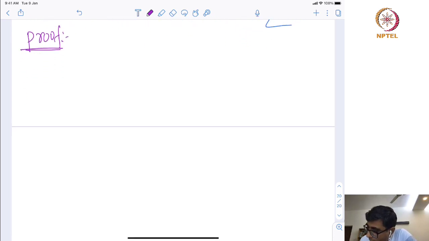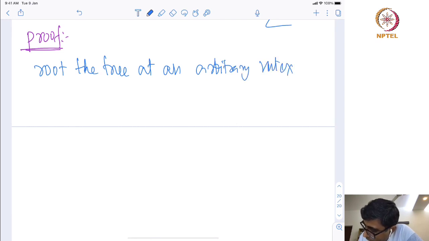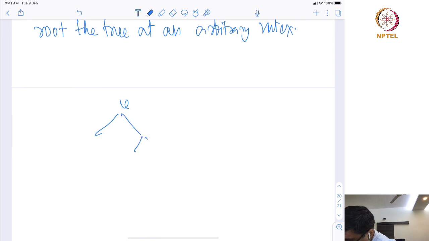What is our proof? You just root the tree at an arbitrary vertex. Suppose here is a v, here is my tree.